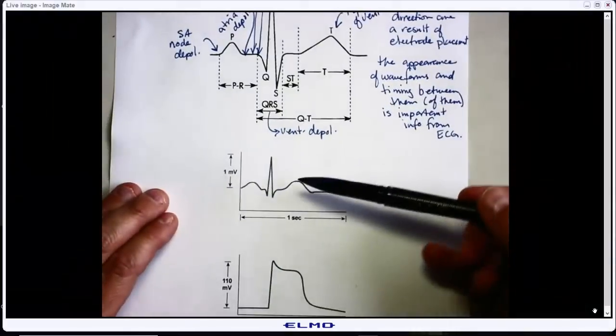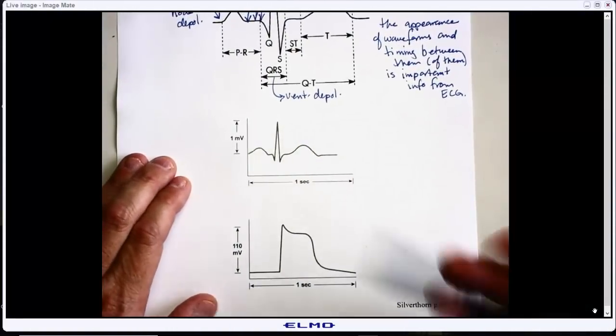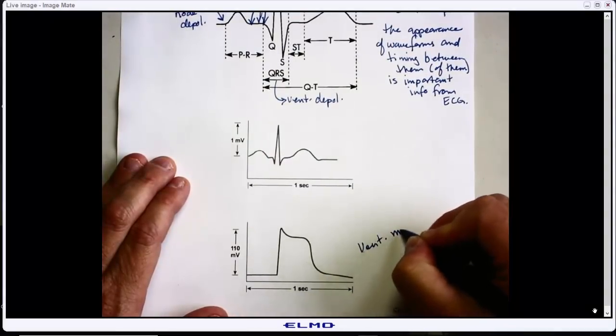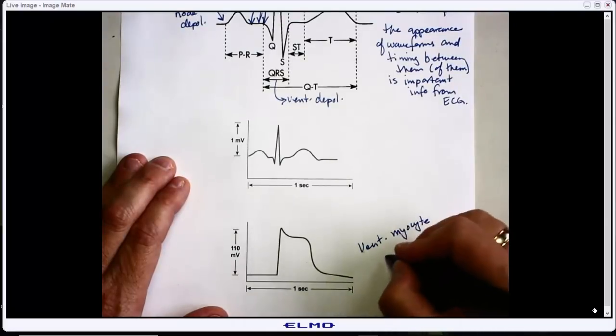Below here I've just kind of mapped on so you can see these events occurring in terms of our ventricular myocyte action potential.